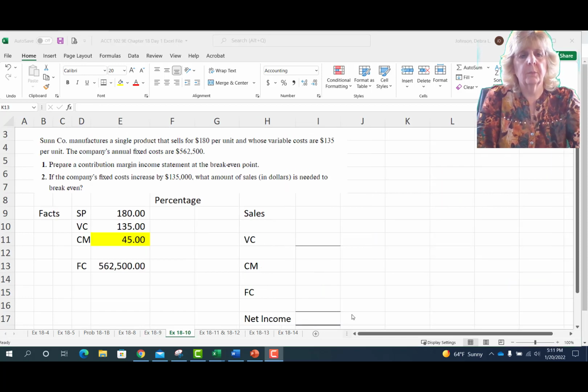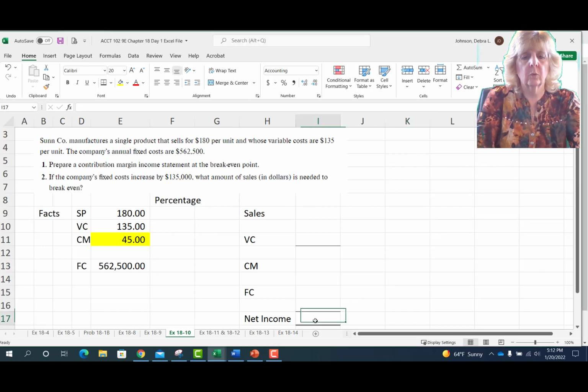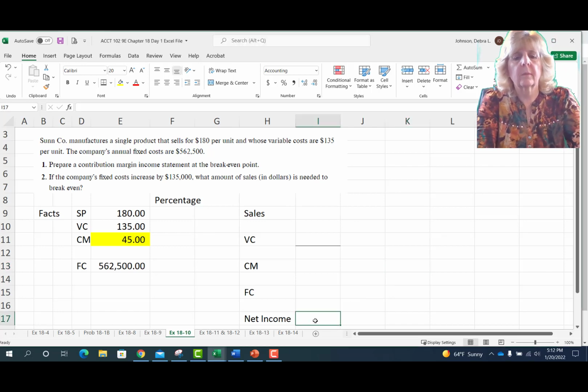We could also approach the same problem from a contribution margin perspective. So once again, the author tells us that the facts are the same as they were in the previous exercise, except this time they want us to compute the break-even point based on a contribution margin income statement. In the interest of time, I created that income statement on my Excel worksheet, and I'm going to work backwards.